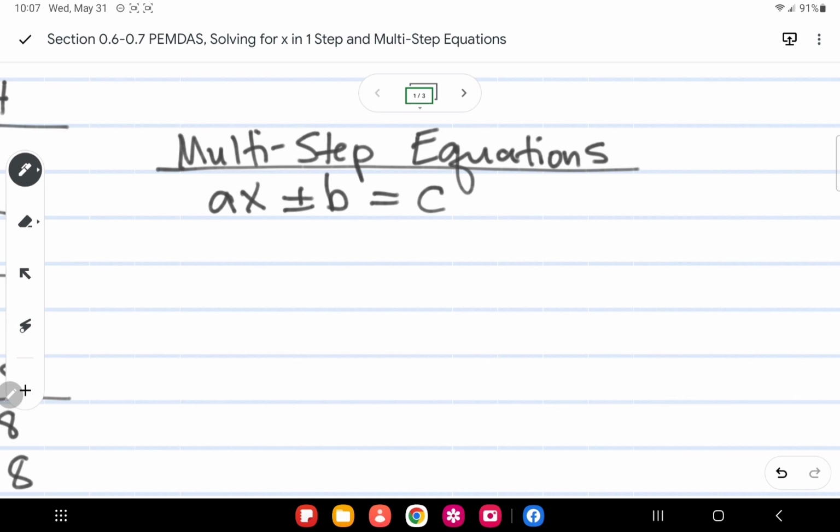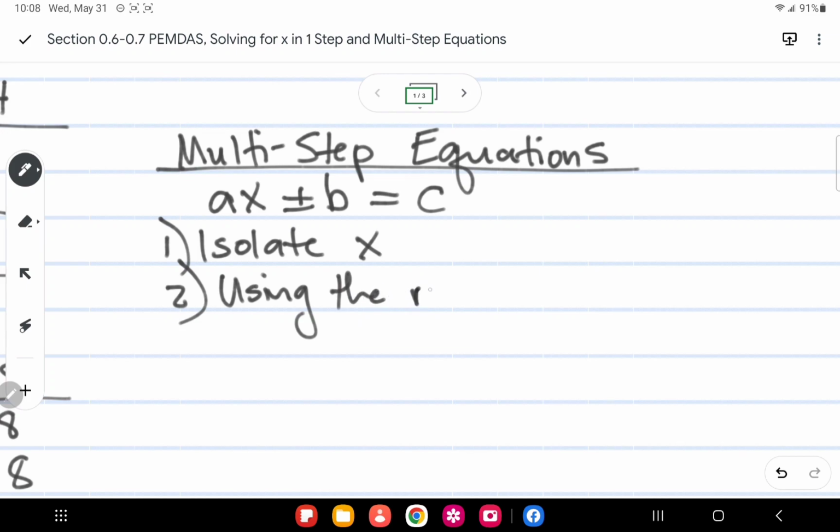Now we're going to apply the same idea in which the goal is to isolate x, and in the process of doing that, you are using the reverse operations, which is what we did with PEMDAS.